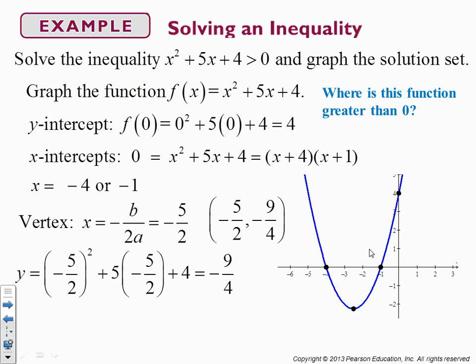That's what we're asking. We want all the function values greater than 0. So that is starting at -4 and -1. Everything of that. There it is in red. So at -4 and -1.